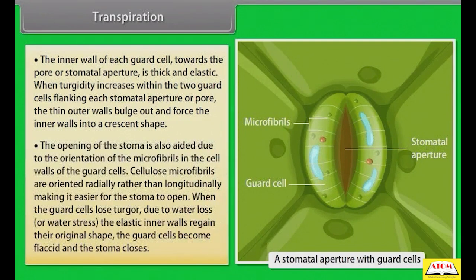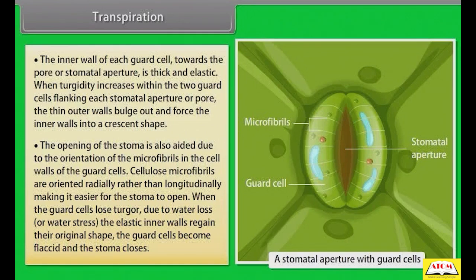The opening of the stomata is also aided due to the orientation of the microfibrils in the cell walls of the guard cells. Cellulose microfibrils are oriented radially rather than longitudinally, making it easier for the stoma to open. When the guard cells lose turgor due to water loss or water stress, the elastic inner walls regain their original shape.